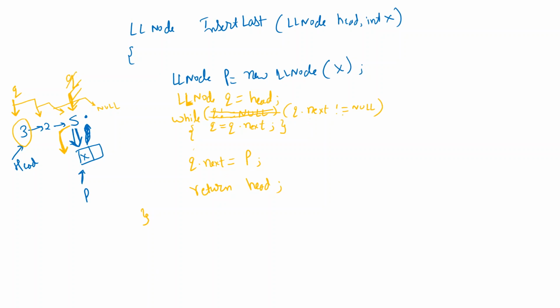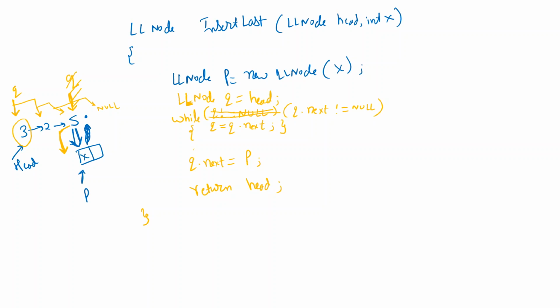So when q dot next becomes null, that will actually mean there is no next node of q. I'm again repeating this because it is an important point, and I've seen people making mistakes many times over here, or maybe getting confused. When I write q not equal to null, that basically means while q is not equal to null. So this condition will fail when q is equal to null.